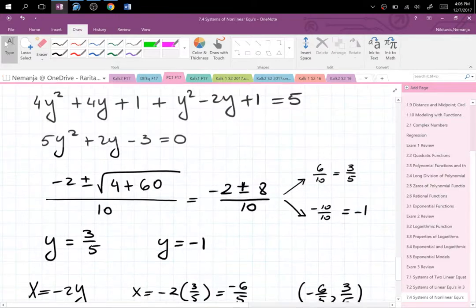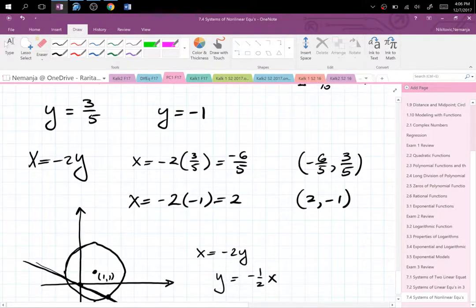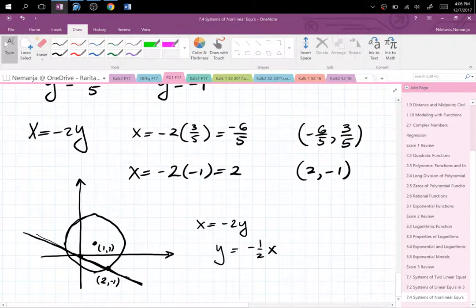This point here, the second intersection of the line and the circle, is negative 6/5, positive 3/5. So negative 6/5 is 0.2 behind negative 1 to the left, and then 3/5 is about 0.4 in. So that's the second point.